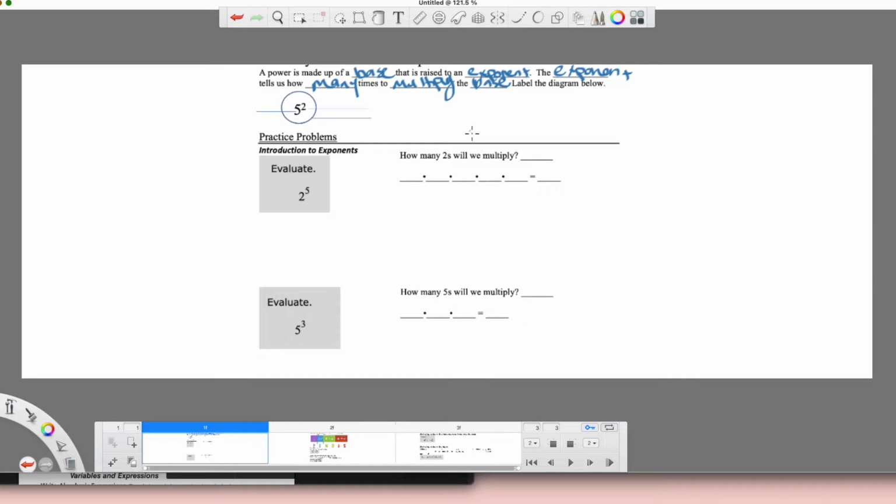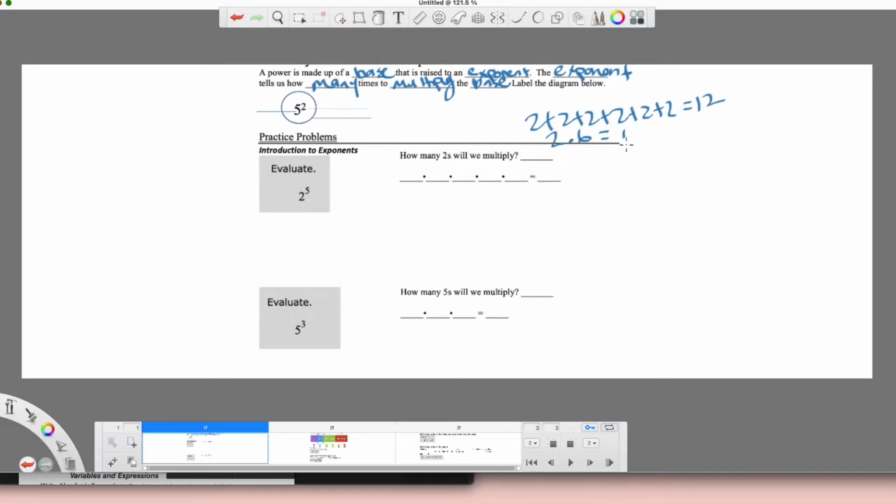Just like when we learned way back in elementary school, we could have 2 plus 2 plus 2 plus 2 plus 2 plus 2. We keep adding 2's like this, right? This is repeated addition. Well, is there an easier way to do this? Of course. 1, 2, 3, 4, 5, 6. If I have 2 times 6, it would give me the exact same answer as 2 plus 2 plus 2 plus 2 plus 2 plus 2, which is 12.